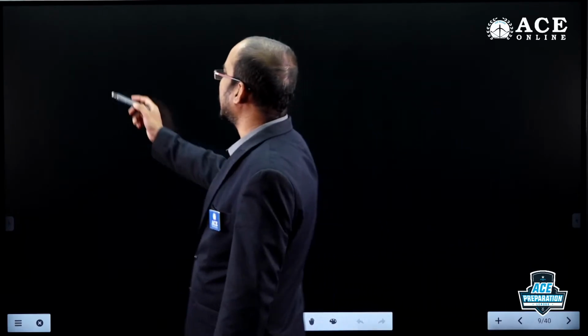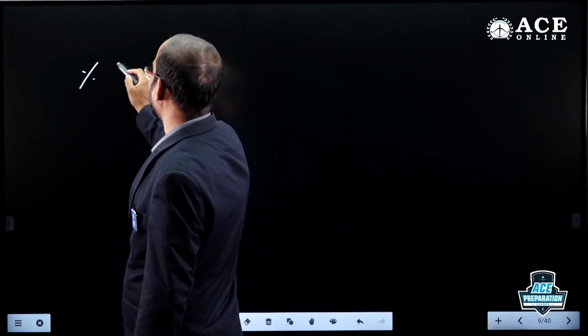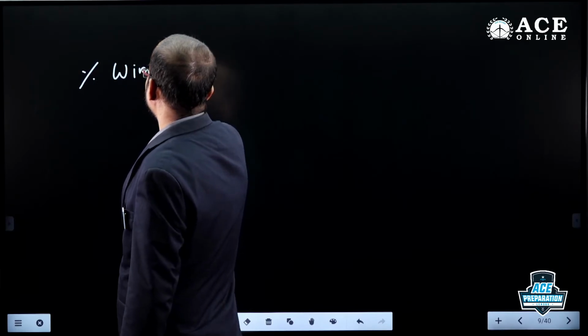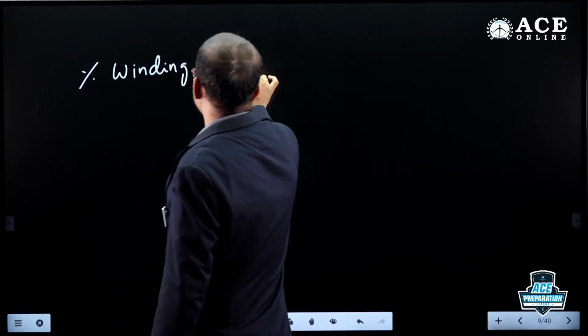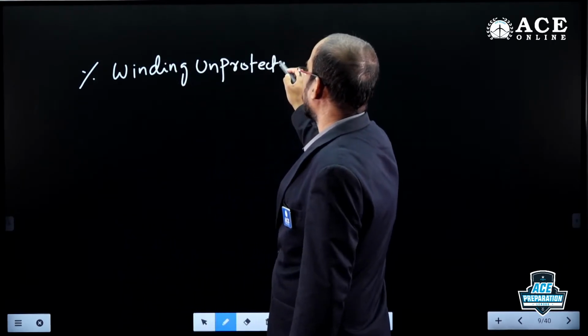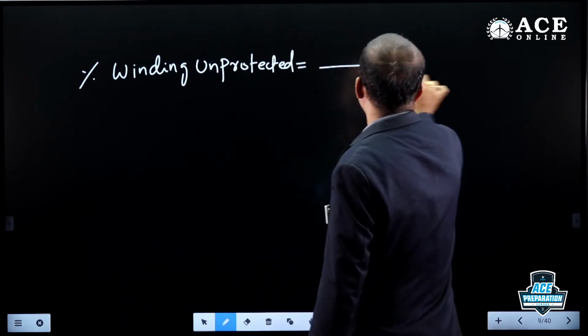First let us calculate the percentage winding unprotected. How do you calculate the percentage winding unprotected?